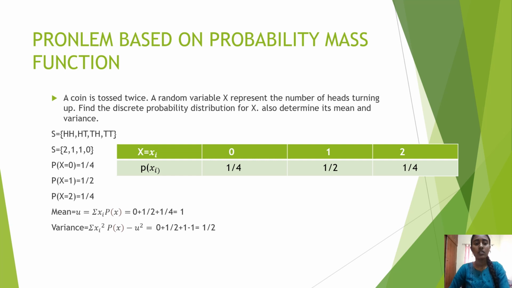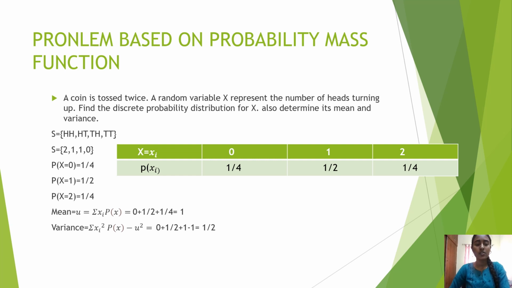Here we have a coin tossed twice and a random variable x, the number of heads turning up. They're asking to find the discrete probability distribution for x, meaning heads turned up, and also to determine the mean and variance. Here the sample space S equals HH, HT, TH, TT, where x equals xi, p of xi.